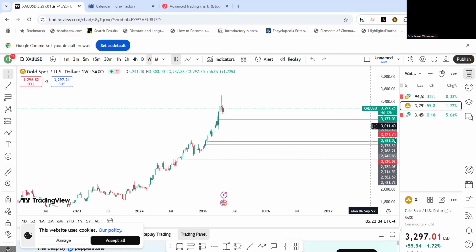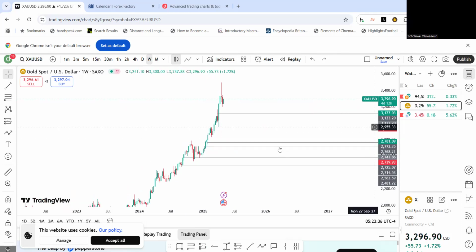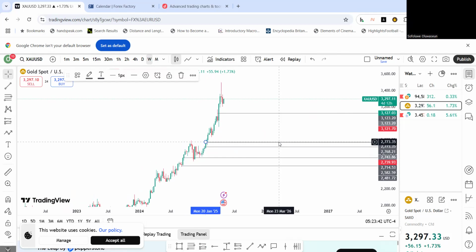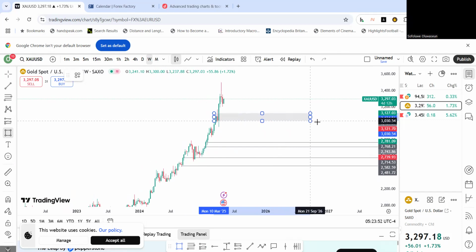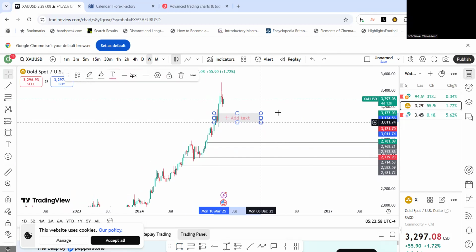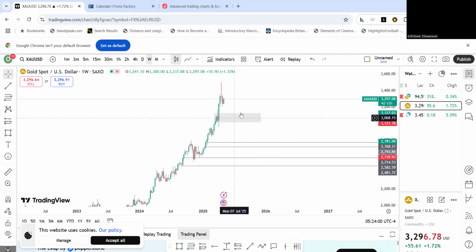So for me, I'll have to wait for gold to come to somewhere here. I need it to come somewhere here before I can join the continuation.